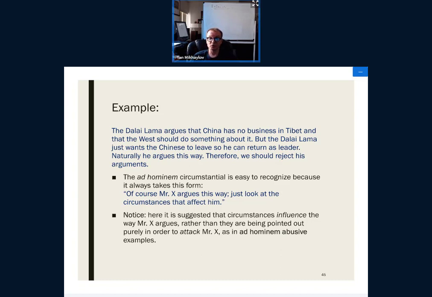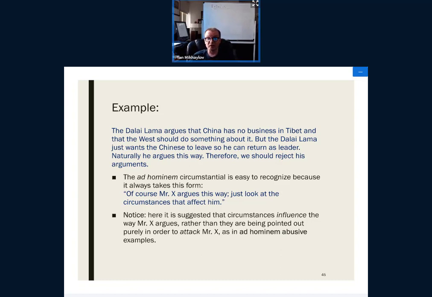But the Dalai Lama just wants the Chinese to leave so he can return as a leader. Naturally, he argues this way. Therefore, we should reject his arguments. So the point here is this. The Dalai Lama, when he makes an argument that China should get out of Tibet, will benefit as a result of China getting out of Tibet. Therefore, his argument is nonsense. We shouldn't even listen to it.